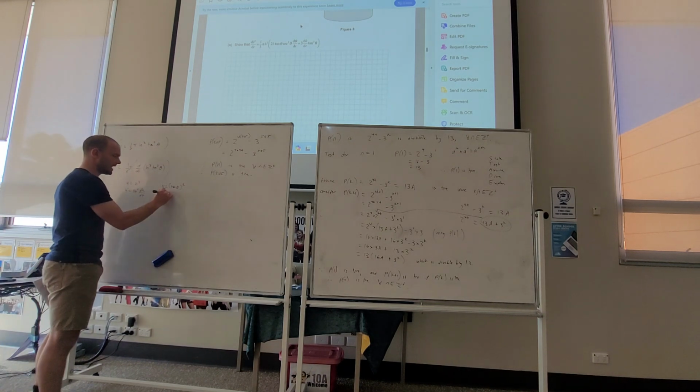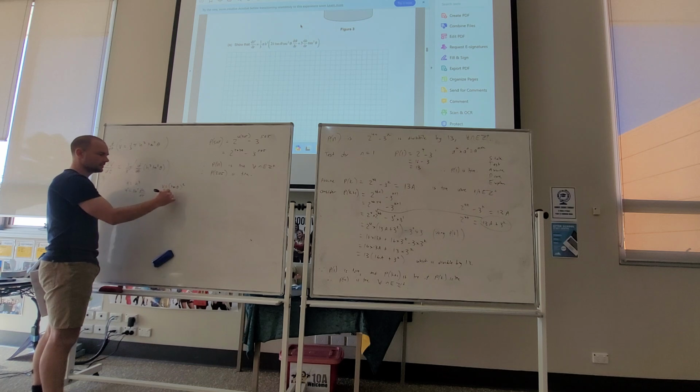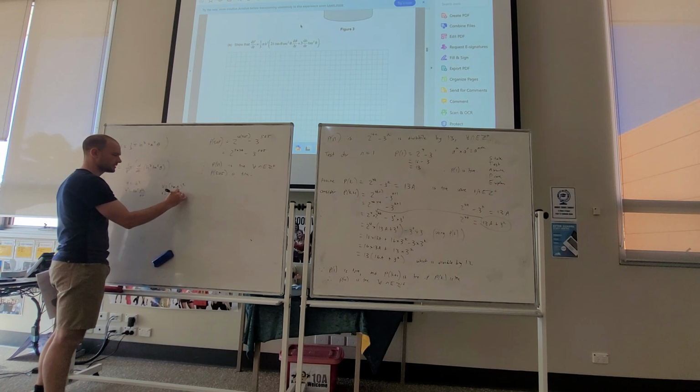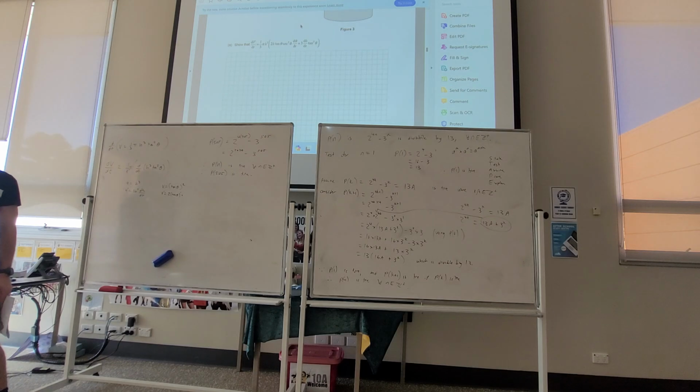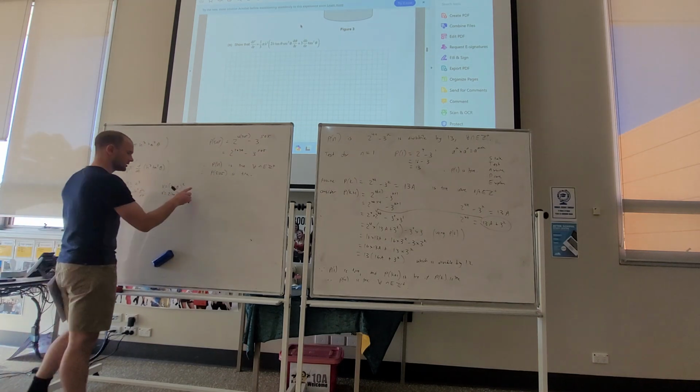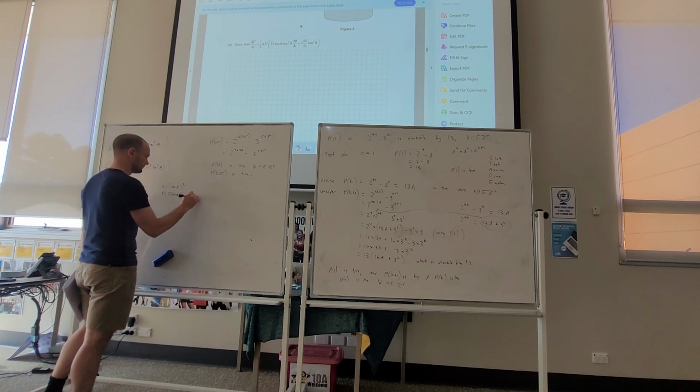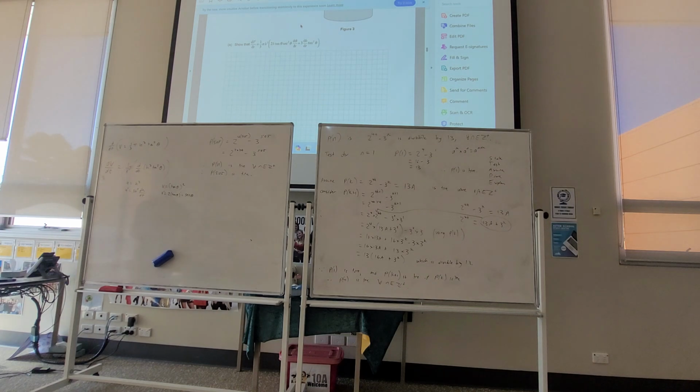So v dash will be 2 tan theta to the power of 1, multiplied by the derivative of tan theta, which is sec squared theta.